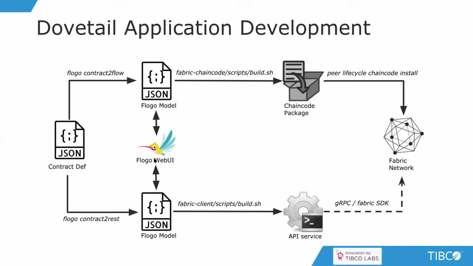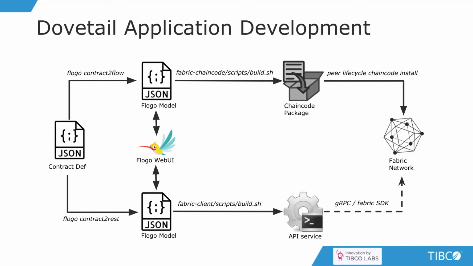Then we load the model into the Flogo web UI so you can edit the data mapping. After you're done, you export this JSON file as a model. Then you run the script to build the model into a deployable package for Hyperledger Fabric. And then you use the Hyperledger Fabric tool to deploy onto the Fabric network. So that's basically the process.